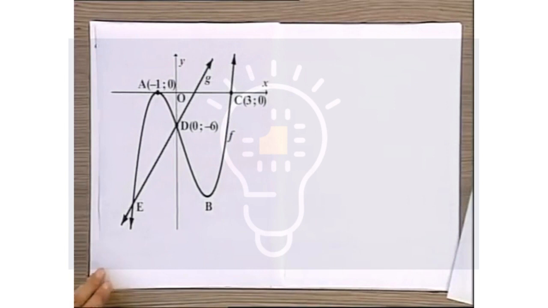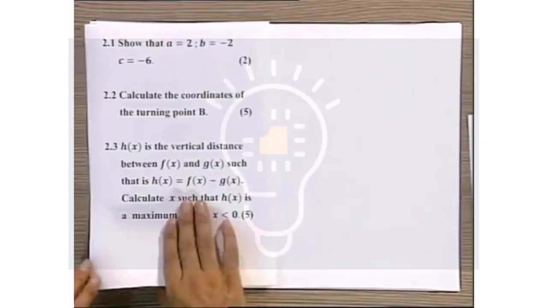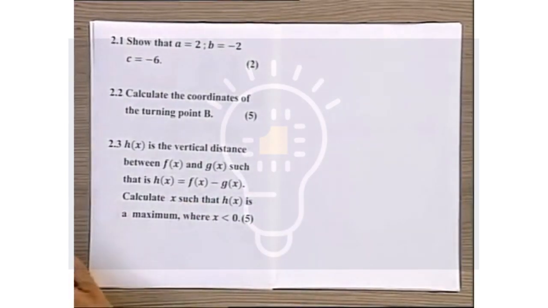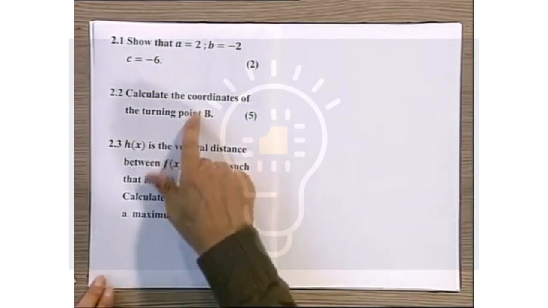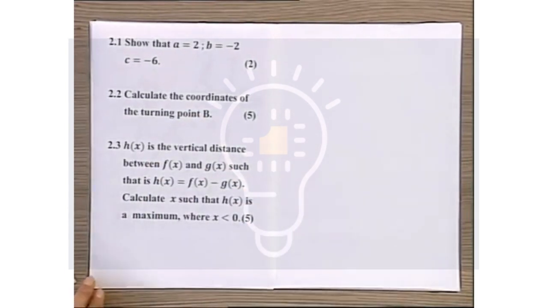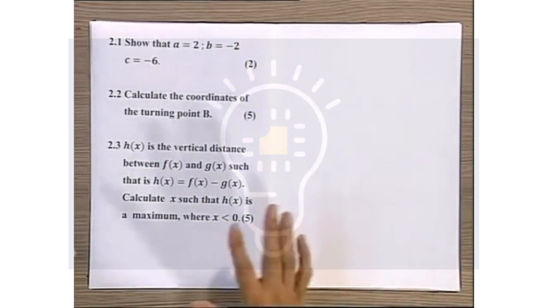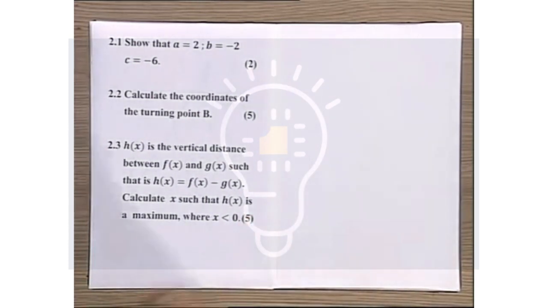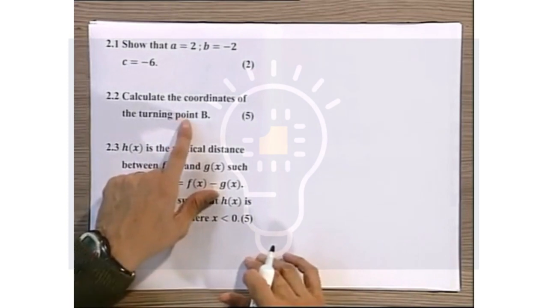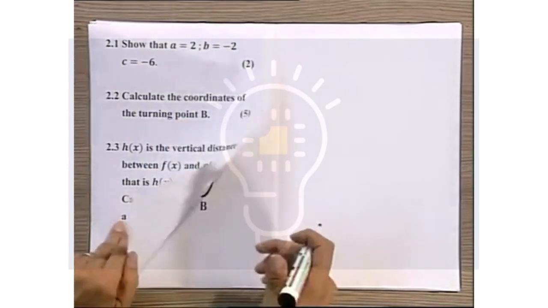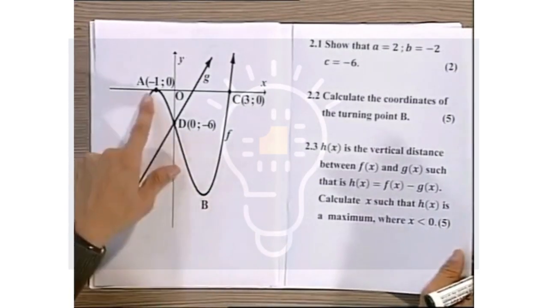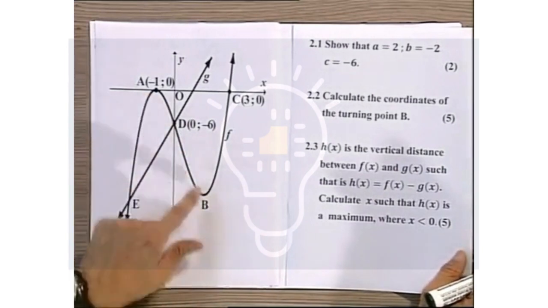Let me just see if I can do another sum quickly. Then they ask you now, sorry, calculate the coordinates of the turning point B. Now, I'm not going to run through that fast because we know by now how to calculate a turning point. How do we get turning points? Remember, we find the derivative.